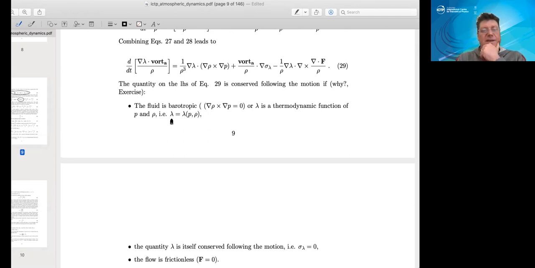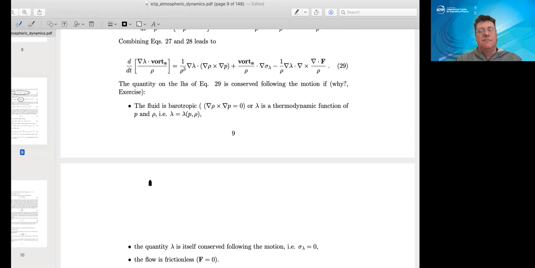Because then the gradient of lambda can be expressed as one component proportional to the gradient of pressure, and one component which is the gradient of density. And that scalar product will identically vanish. You can make sure of this yourself. This will identically vanish once we have picked a quantity that is just a function of pressure and density.